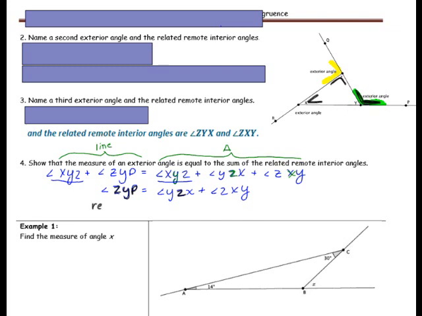So again, this is the exterior on the left. This is the exterior angle, and it is equal to the sum of the related remote interior angles.